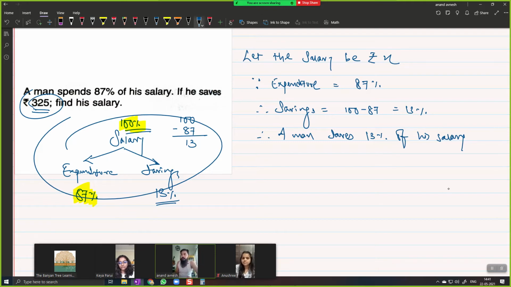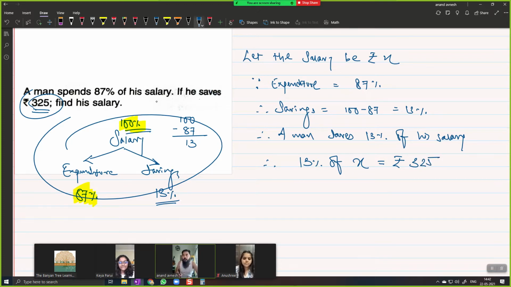Now what? 13 upon 100, 13%. Therefore 13% of his salary, that is X, is equal to rupees 325. सही है ना?